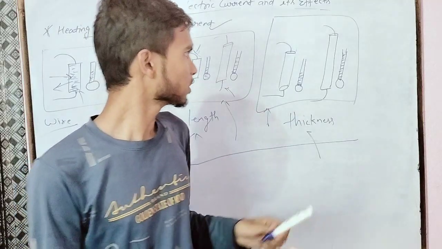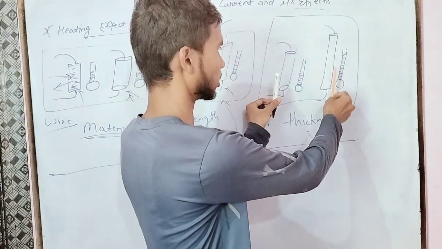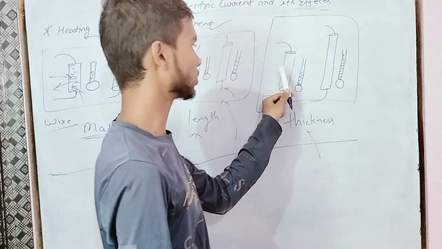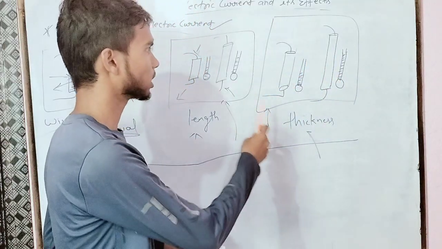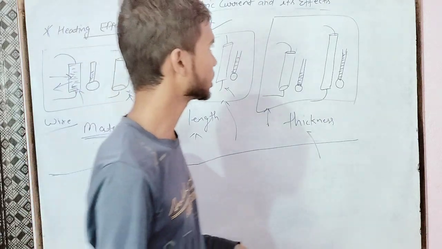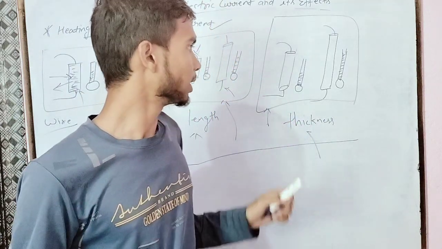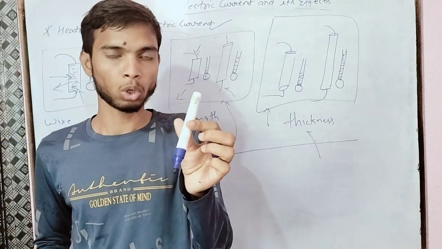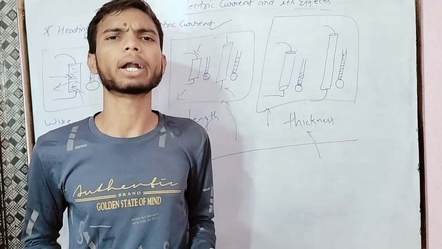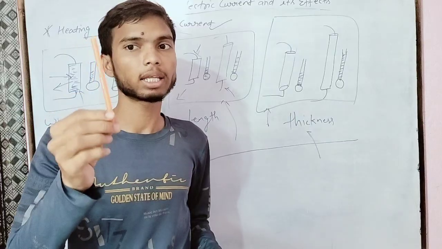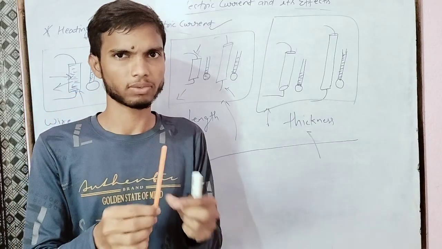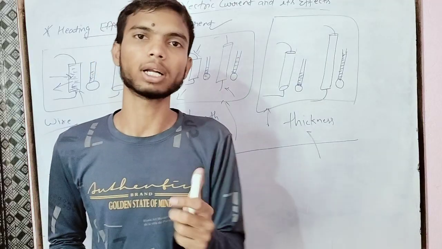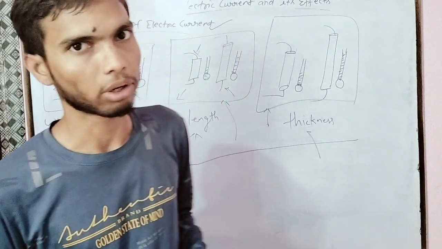So here, let's say this is the thickness of this wire, and this is the thickness of that wire. It is telling you, if the thickness of the wire is more, then it will have a normal heating effect. But if the thickness of the wire is very less, it will have more heating effect.